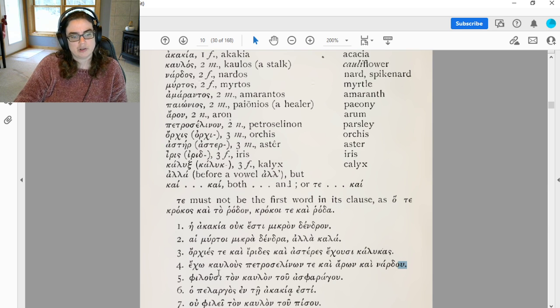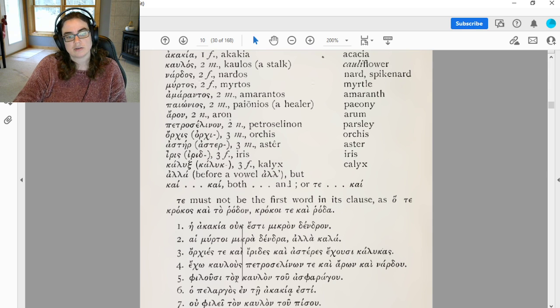Right. Pelusi ton kaulon tu asparagu. Asparagus. Wish Punch liked asparagus. I need to cook that more. Alright, anyway. They love the stalk of the asparagus. As do I. So, how did I know to translate it that way, and not they love the asparagus of the stalk?